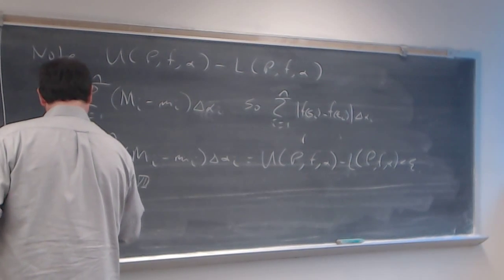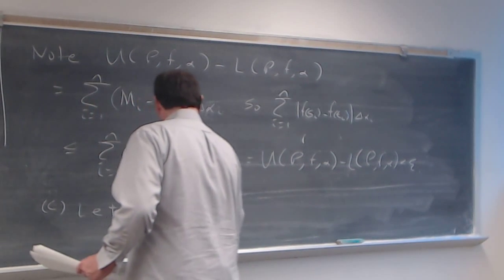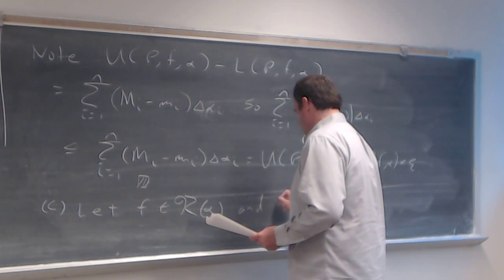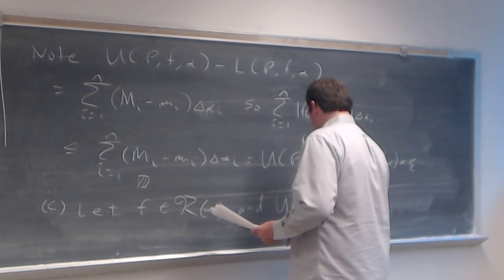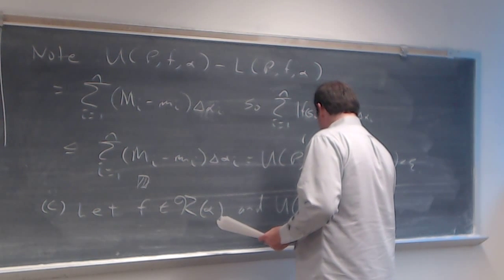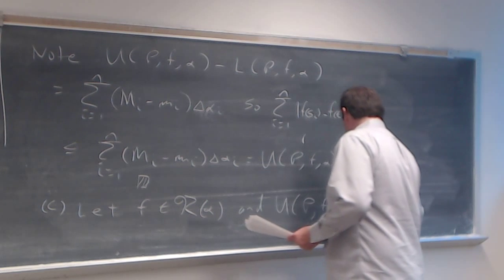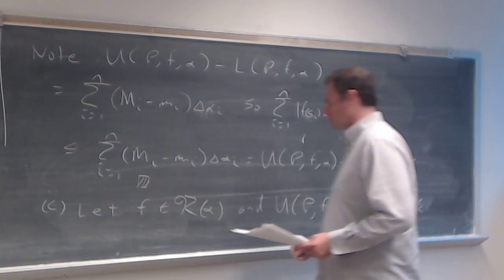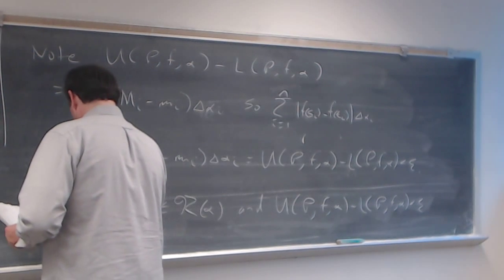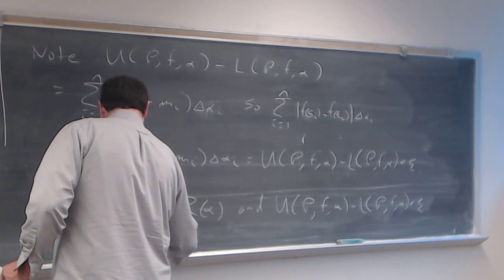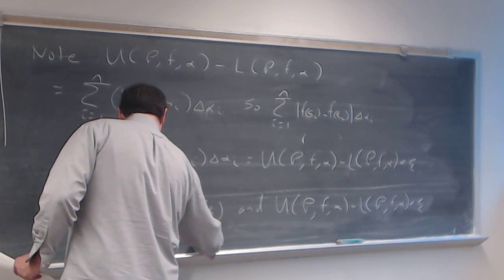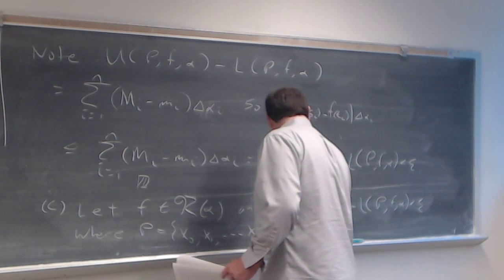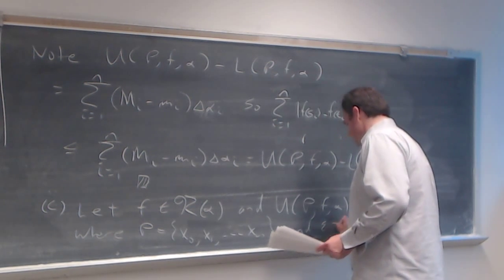Now for part C, we're going to let f be a Riemann-Stieltjes integrable function with respect to alpha, and we have for a particular partition that the upper sum minus the lower sum is less than epsilon. And I'll say where P is denoted by x of 0, x of 1, all the way up to x of n, which of course is b. And epsilon is greater than 0.